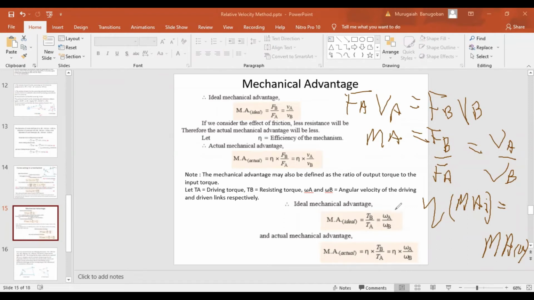We can write it as output tau upon input tau, that is tau B upon tau A, that is omega A upon omega B. So ideal mechanical advantage is tau B upon tau A, which is equal to omega A upon omega B, and for actual mechanical advantage, you need to multiply it with eta: eta into tau B upon tau A equals eta into omega A upon omega B, right? So this is how we find the mechanical advantage.